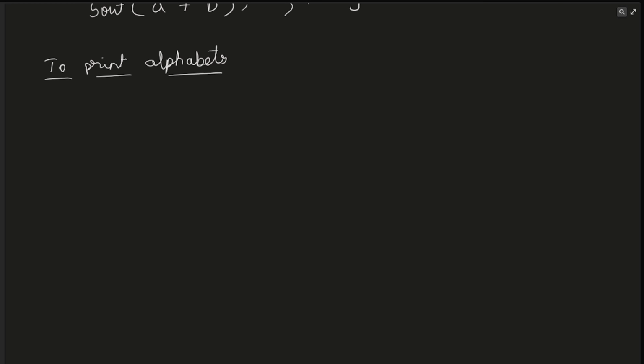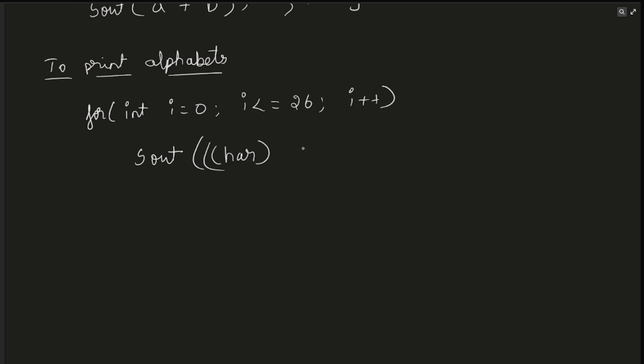Since we need to print all the way from A to Z, we need a for loop which starts from 0 and goes till 26 and gets incremented after each iteration. And in the print statement, we can have the character 'a' plus i. I'll explain what this prints on the console.